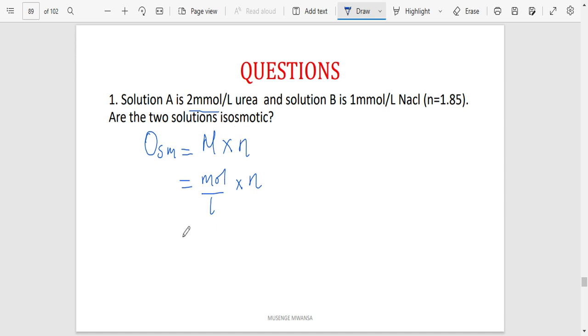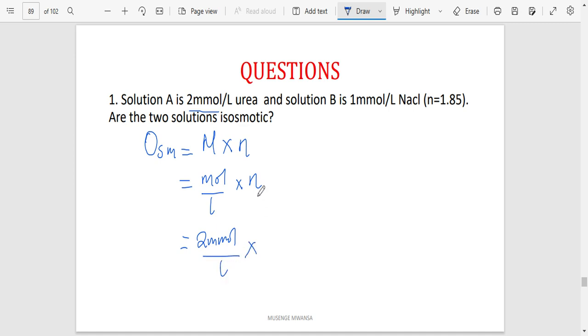So then I'm just going to get that 2. Of course, we said for biological substances, concentration is mostly expressed in millimole instead of mole or milliosmole. So this is 2 millimole per liter.